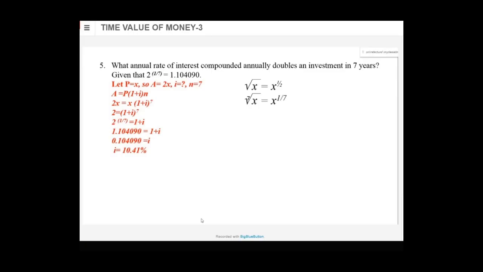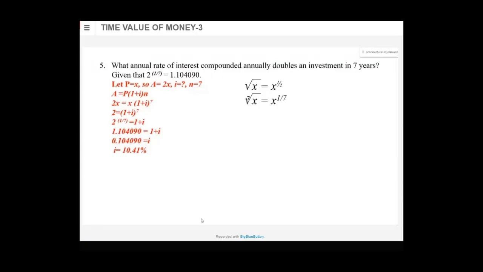Any doubt in this sum? Okay. Now, in the question it was given 2 raised to 1 upon 7 is so and so. That is 7th root of 2. Do you know how to calculate 7th root of 2 on your calculator?